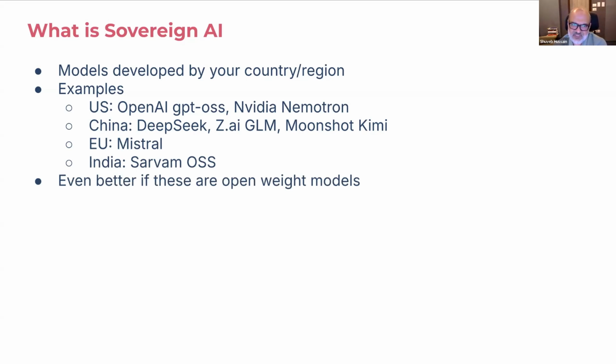If these are open weight models, it's better, because you can download the model, convert it to whatever hardware you have, and run it within your air-gapped environment, or even a cloud environment, it doesn't really matter. You can run it as per your needs, and your data doesn't have to leave your environment.